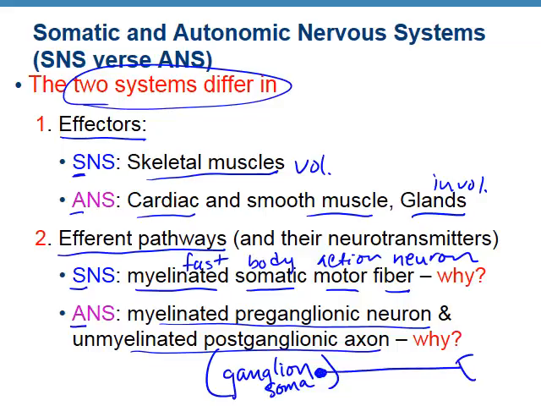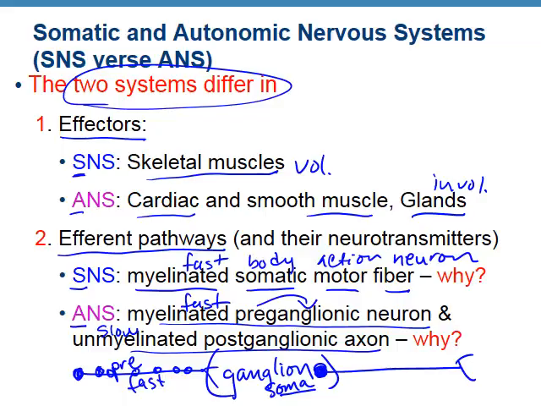So there's a preganglionic neuron, and it's myelinated, which means it's fast. So this is the preganglionic, and it's fast. It has the myelin wrapped around it. Sorry, I'm not an artist, right? They have the ganglion, which is a collection of somas, or cell bodies from a neuron, and then you have an unmyelinated, which should tell you slow.